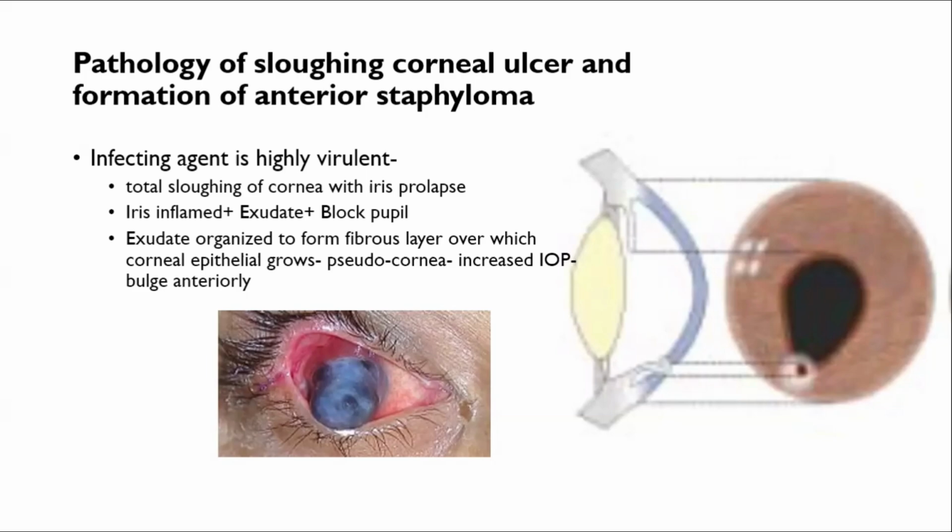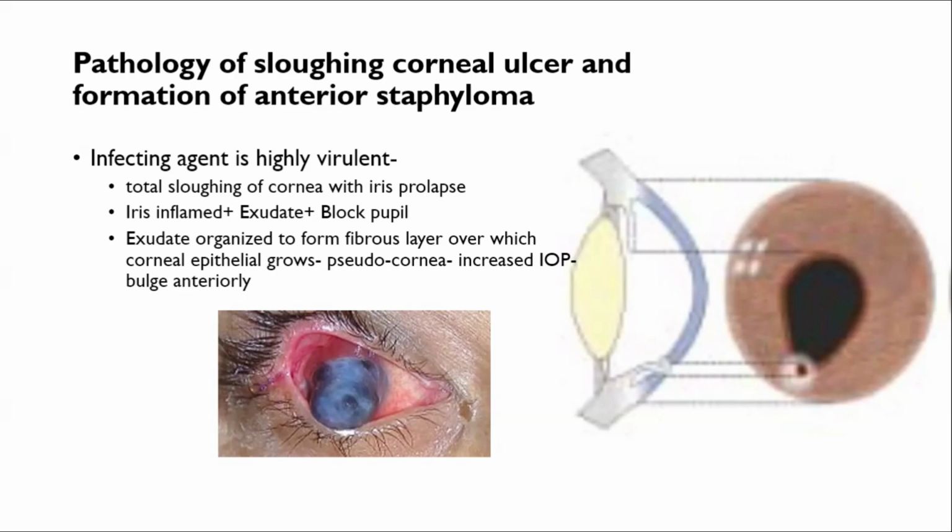The presence of exudate contributes to the overall damage and leads to significant discomfort and vision impairment. As the exudate organizes, it forms a fibrous layer over the exposed iris and anterior chamber. This fibrous layer, along with the regrowth of the corneal epithelial cells over it, forms what is known as a pseudocornea.